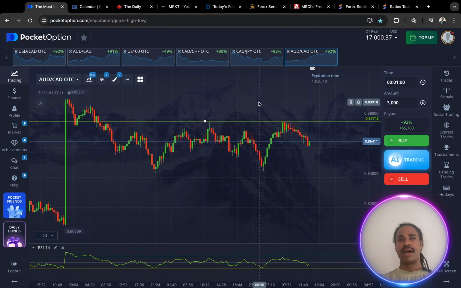Now if you look at fundamental on the other side, for example, today we have Canadian dollar news. We have two major economic indicators being released for Canada. You can jump on any economic calendar out there, and today we'll be just using Forex Factory.